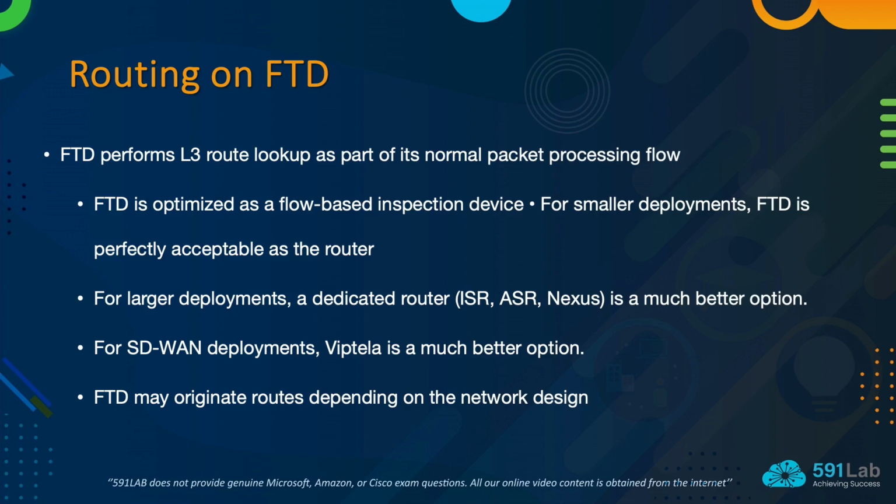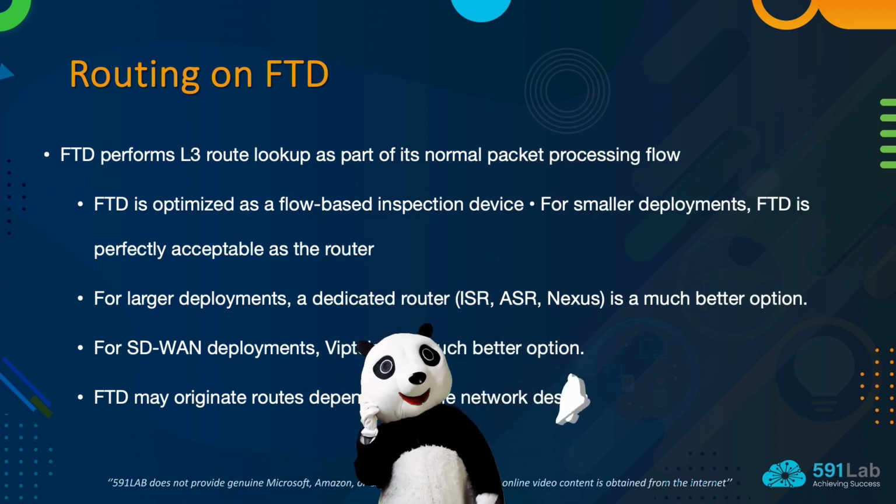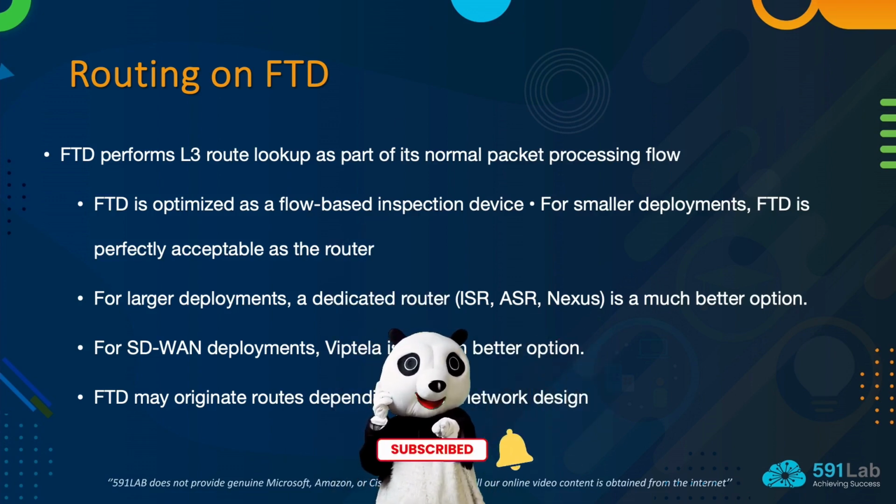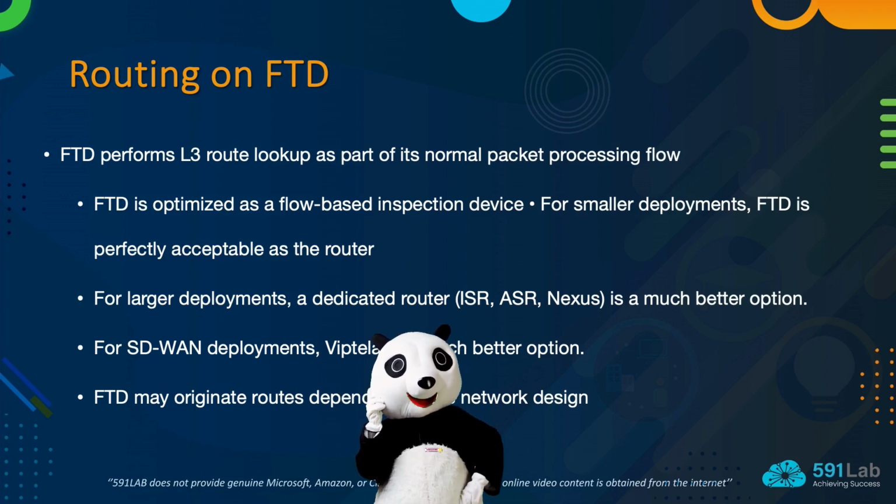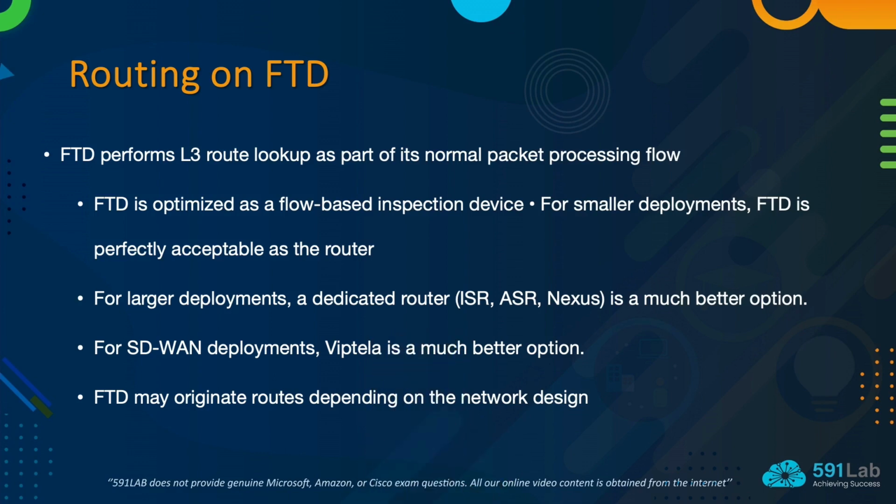Dedicated routers are designed for routing large amounts of traffic, and they can provide better performance and scalability than Firepower Threat Defense. For SD-WAN, Viptela is a much better option. SD-WAN stands for Software Defined Wide Area Network.